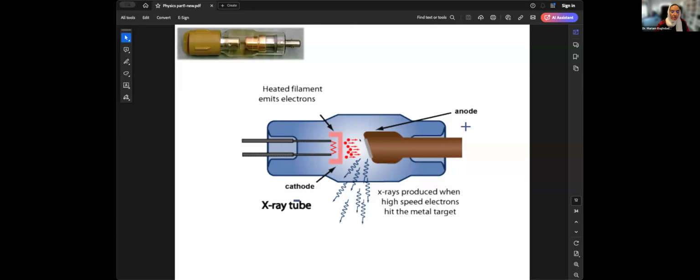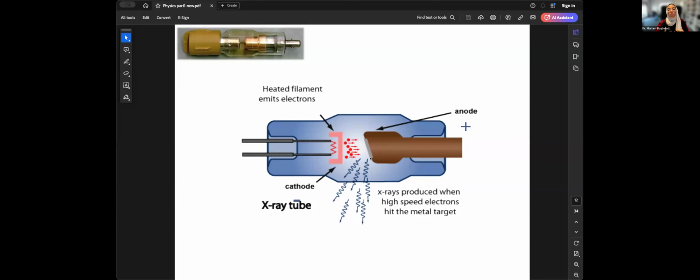And on the anode, on the other side, we'll take a look in a second at what it looks like, it is basically the receiving side of the machine. The filament is made out of tungsten, and the receiving end is also made out of tungsten, right? So in the cathode we have a tungsten filament, and in the anode we have a target, or we call it the tungsten target. Okay, I hope that's clear.